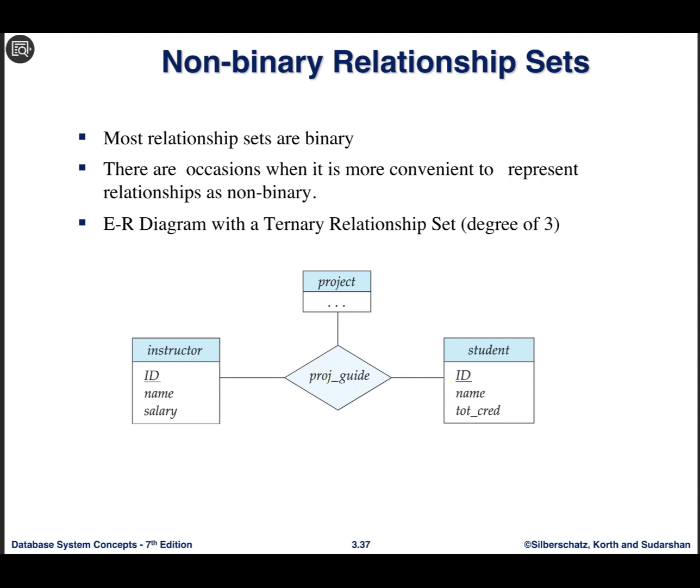So we talk about the ternary relationship. Here is another example. We have a patient, maybe a drug, and a doctor. Here we have a relationship called prescription.